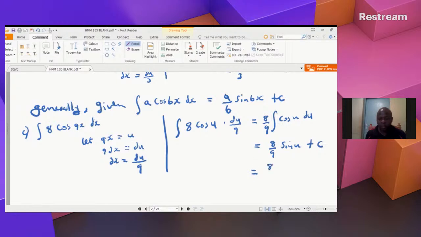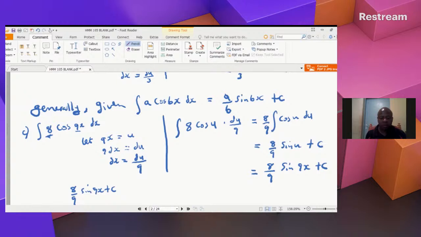So this would be 8 out of 9 sine of 9x plus constant of integration. Again, we see very well that the answer is the same if we use our generalization: 8 out of 9 sine, the integral of cos is sine, of 9x plus constant of integration.